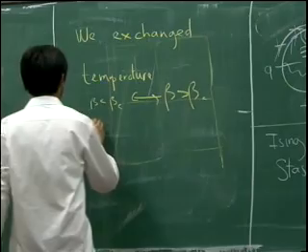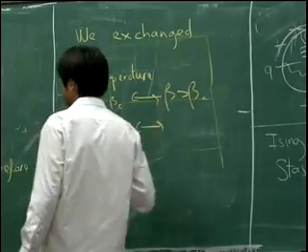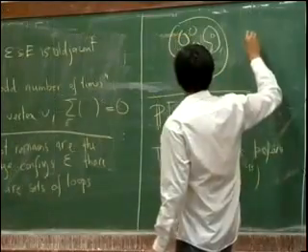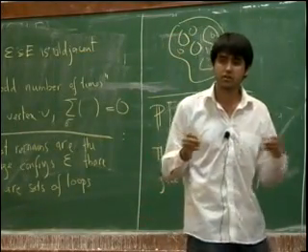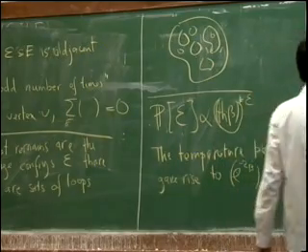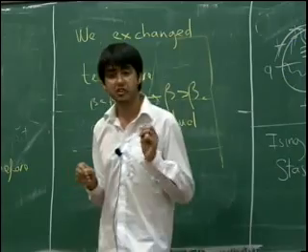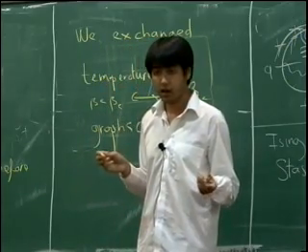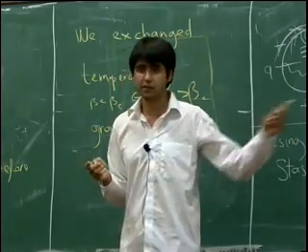We also exchanged the graphs. Because first we had an Ising model on the vertices, and now we have an Ising model on the faces. So it's a duality between graphs. And actually, it also exchanged the boundary conditions. Before, you had free boundary conditions.